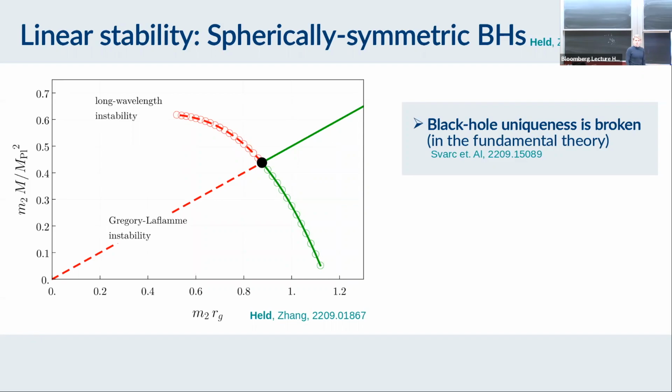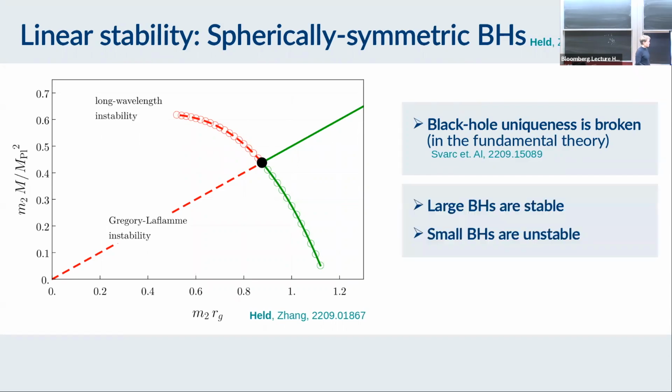But there's a second branch, and you can ask which of these branches is stable given some parameters and which are unstable. That's exactly what we want to do. We will see that large black holes in both branches, so these green parts, large in the sense of horizon size, will be stable, and small black holes will be unstable, where large and small are distinguished with respect to the fundamental parameters in your theory.